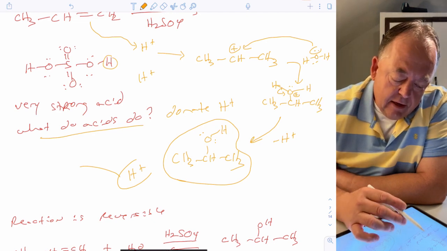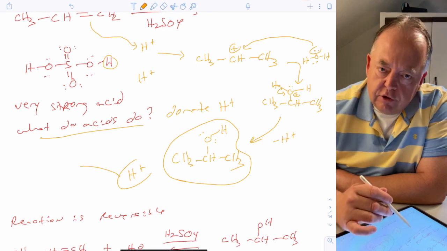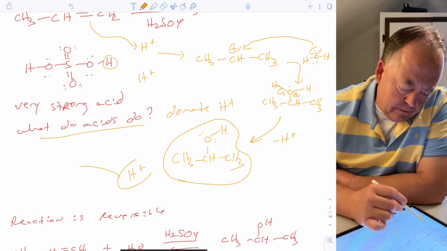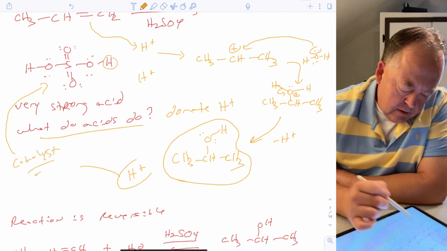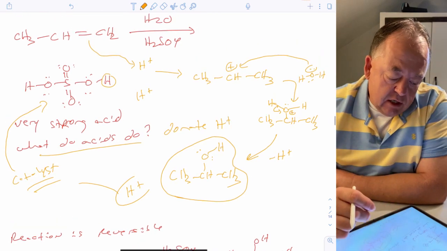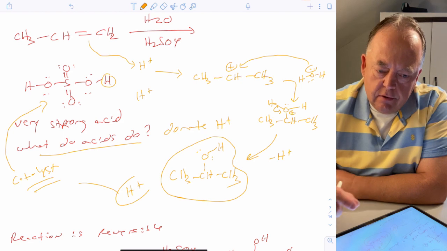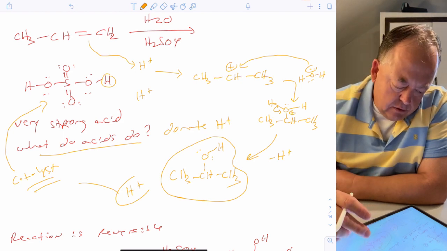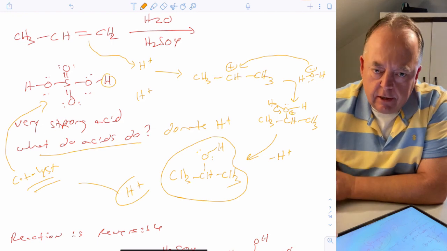So if something is useful to get a reaction going, but it's not consumed in the process, that makes H2SO4 just a catalyst. So you don't need much of it. You just need a drop or so of the sulfuric acid just to provide the H plus to get this reaction going. Although sometimes you might use more, but in theory, if it's just a catalyst, you don't necessarily need a lot of it.